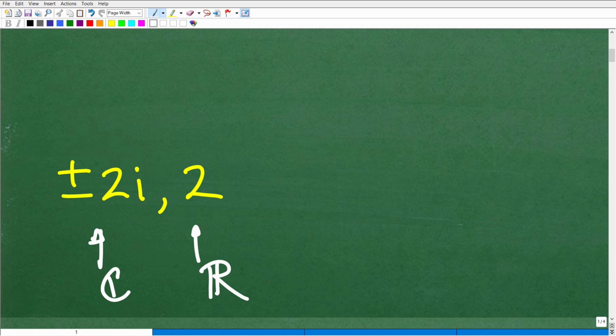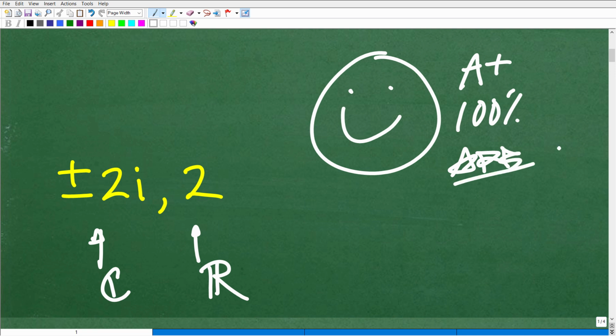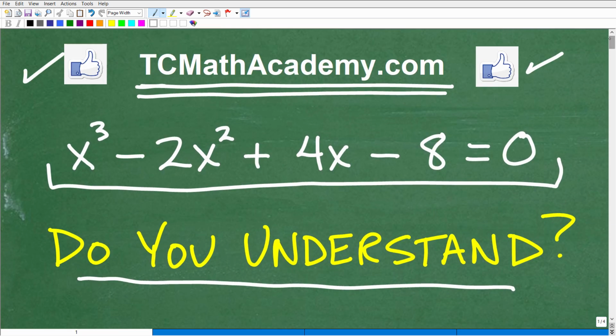But if you got this all right, that is very impressive. Matter of fact, you definitely earned a happy face, an A plus, a 100%, and a few stars. So you can tell your friends and family that you know exactly how to solve a drum roll. I'll tell you what this is. We are talking about a third degree polynomial equation.